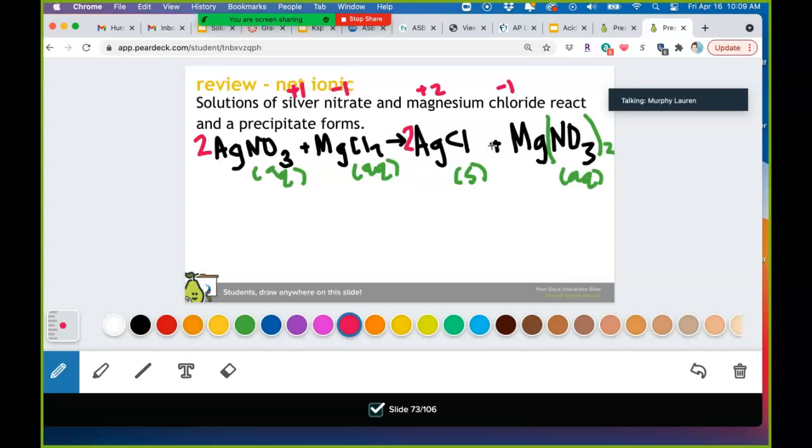So now let's refresh net ionic equations. There are 2 things that have to happen before you can break apart a substance into its ions. The first thing is it has to be aqueous. You cannot touch solids, liquids, or gases.